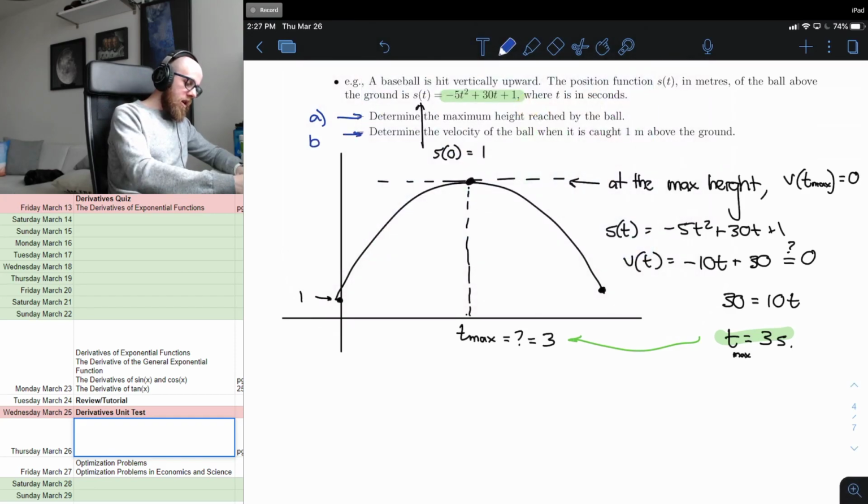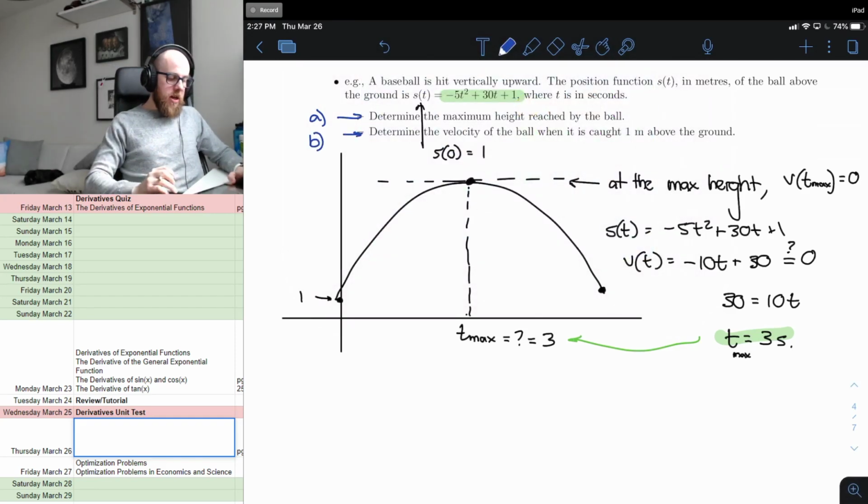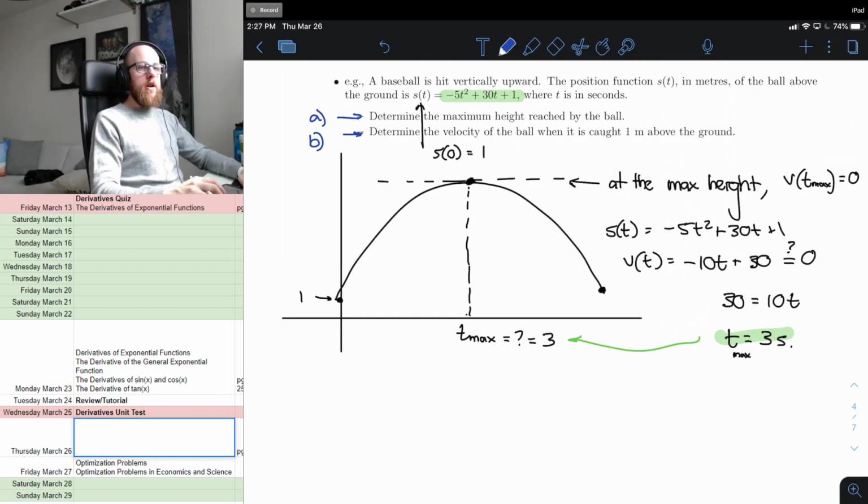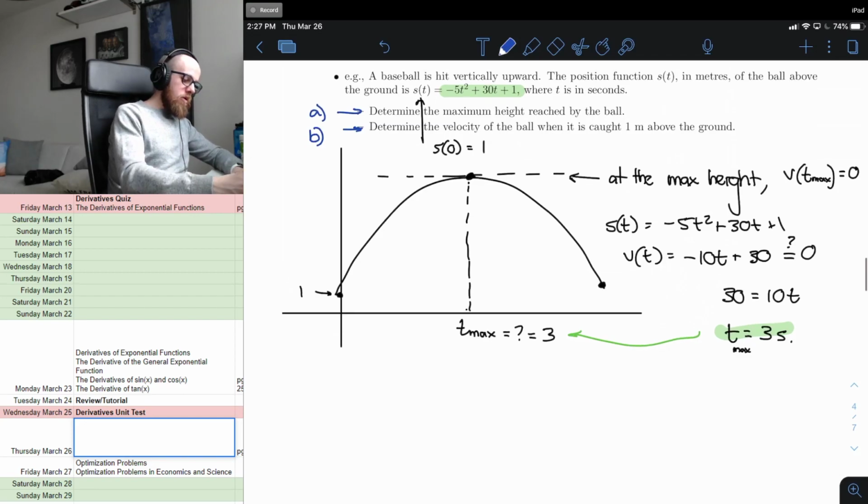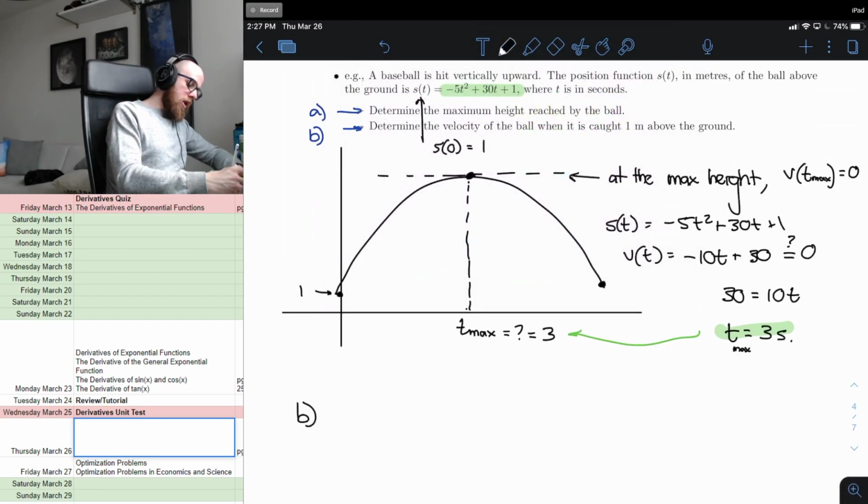Part B, we have to determine the velocity of the ball when it is caught 1 meter above the ground. This is actually a 2-part question, so we want to know 2 things. First of all, when is the ball caught?